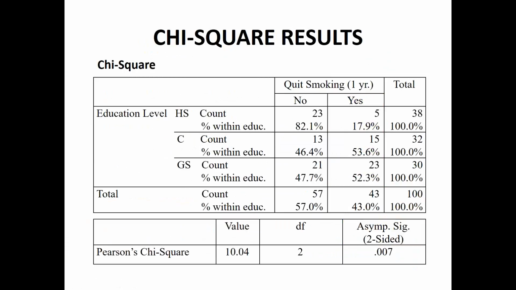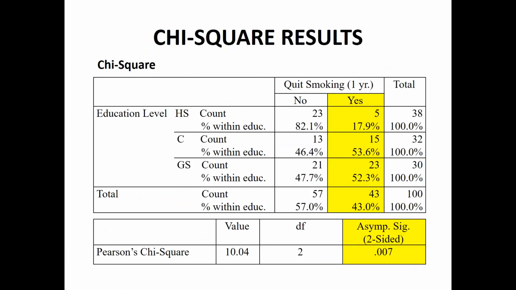Now, we don't have to repeat it in SPSS, but these are the findings for education level. And we look at our numbers. So the bottom square says 0.007 for significance. So it's a statistically significant difference. And then in the percentages, we can clearly see where that difference is.